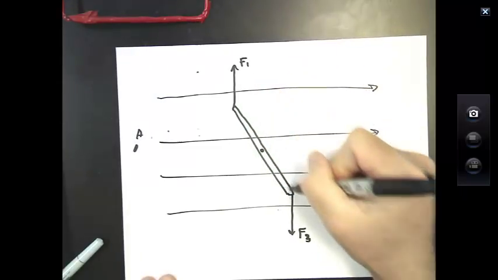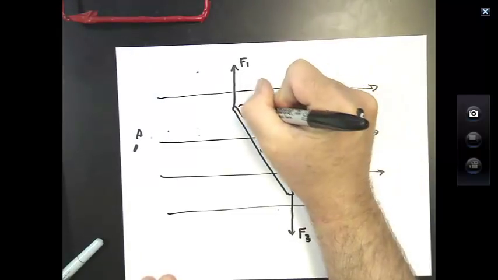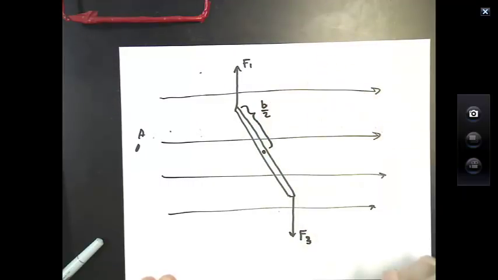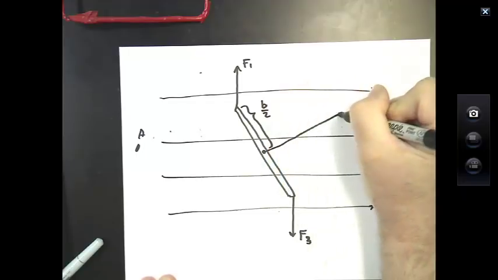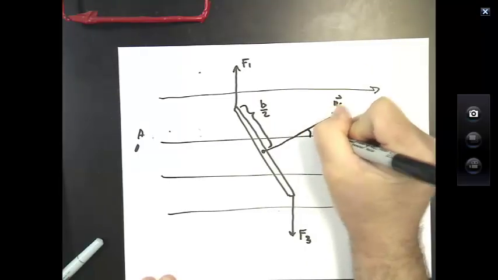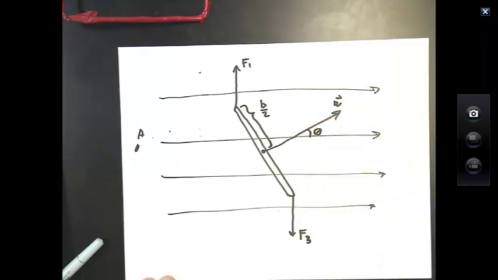Well, the length of this side, remember, is B. So that means the length from here to our pivot point is B over 2. The angle of the area of this loop with respect to the field, let's call it theta.